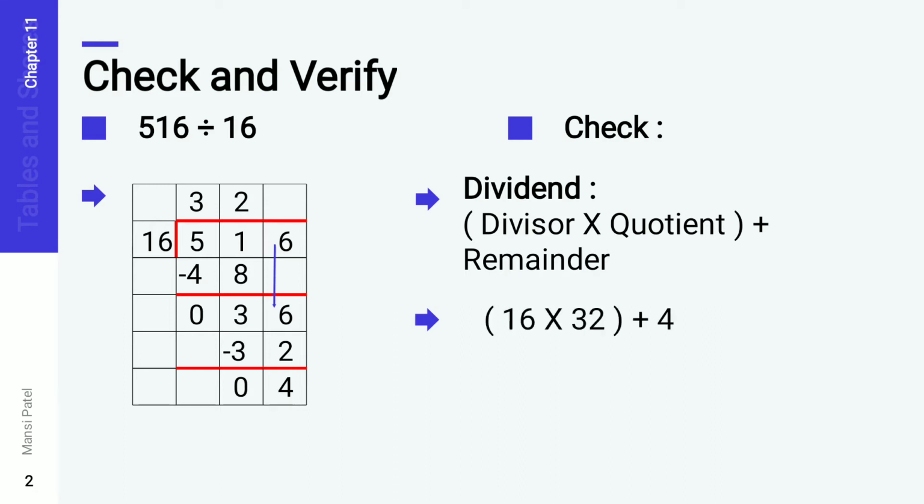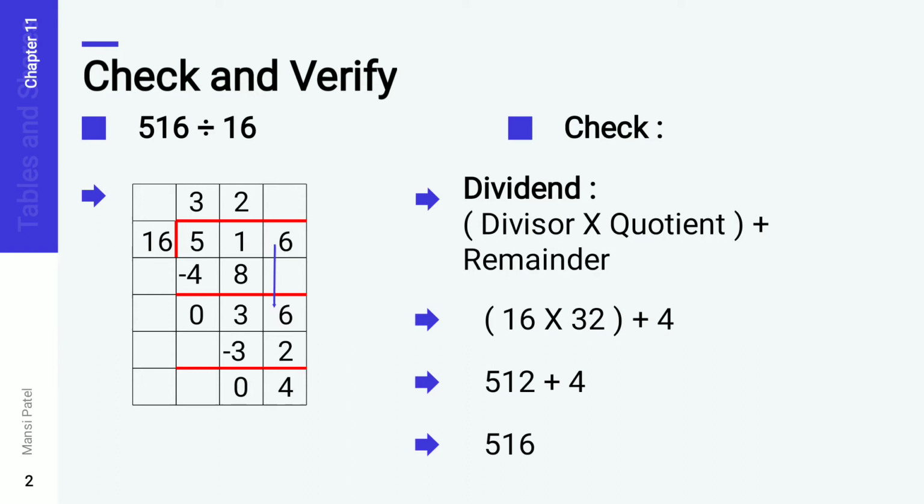So do the multiplication of 16 and 32. In that, you have to just add your remainder. Your remainder is 4, so this 4 you have to add. The multiplication of 16 and 32 is 512. 512 plus 4 is 516.